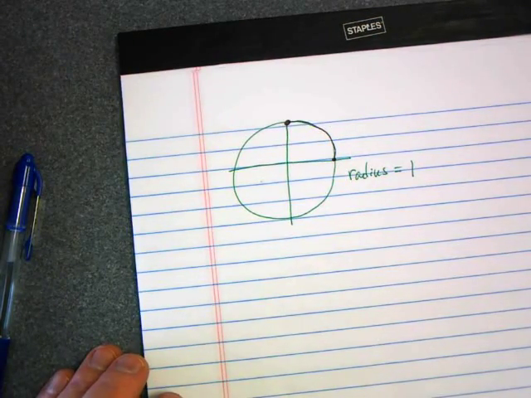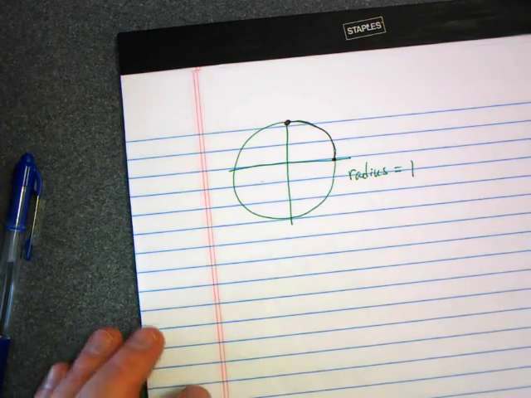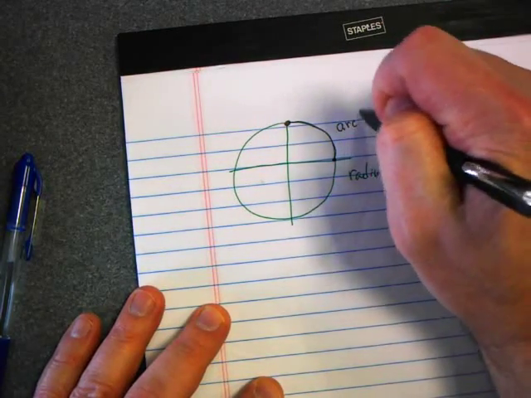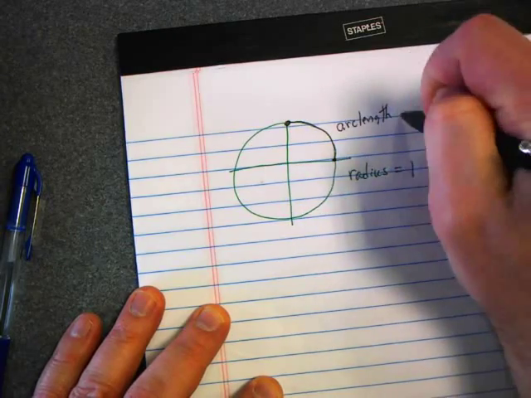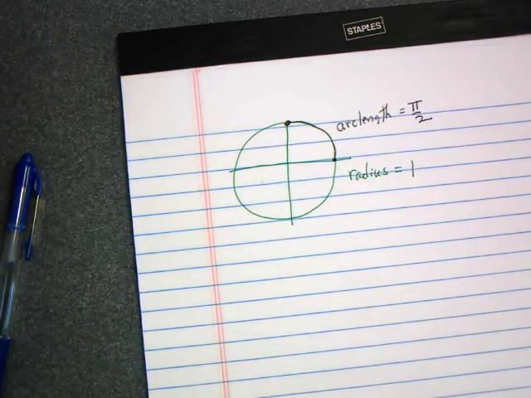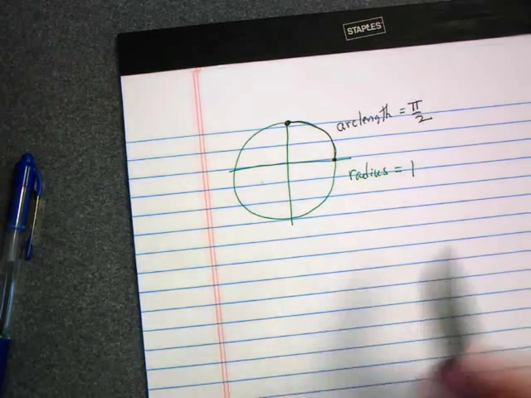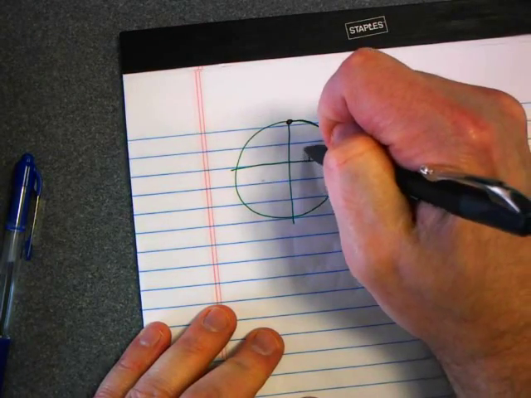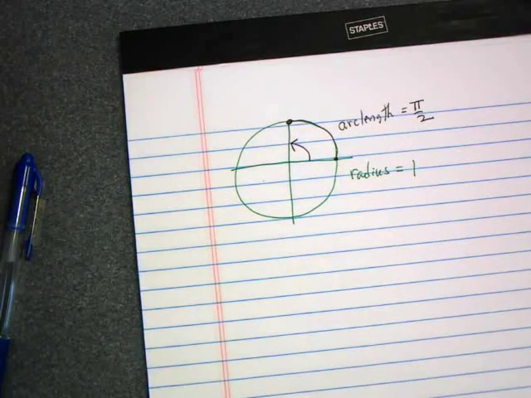Pi over 2. That arc length is pi over 2. Since the circle has a radius 1, what's that angle? It would be 90 degrees, but I want the answer in radians.